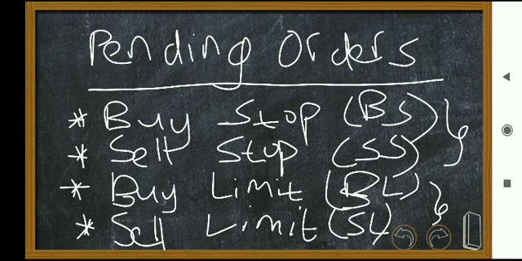When price reaches that point you've set for your buy limit or sell limit, if it touches that point, then retraces or goes back, that's when your limits are activated. So they differ from the stops, because for the stops to be activated, price has to touch, then continue in that direction, whilst the limits have to touch, then turn back or go in the opposite direction. It's not continuous, it's reversing.